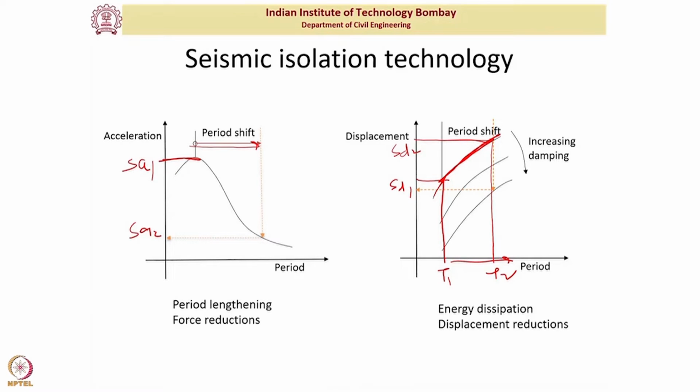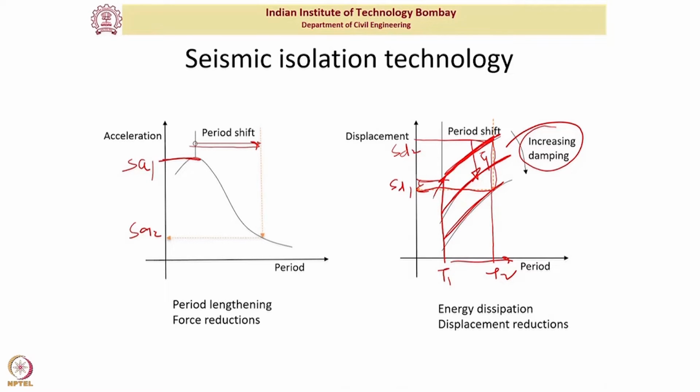So in order to control the displacement, what do we need to do? We need to increase the damping in the system. Now what does damping do? It basically decreases the displacement, and the displacement response spectra that I had here, by increasing the damping I can reduce it to here. Now if I do that, then I'm able to bring my displacement down either below the initial level or control the displacement to an extent that it is not detrimental to my structure anymore.